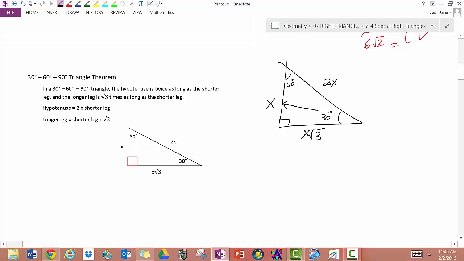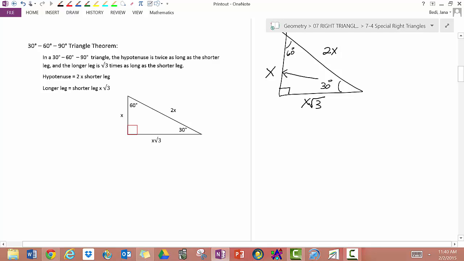What if you are given the hypotenuse and you have to work backwards? Well, actually, I'm going to change that. What if you're given the long leg? Let's make up a problem.